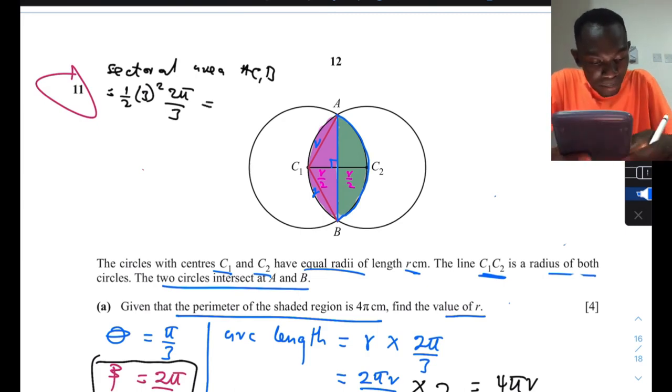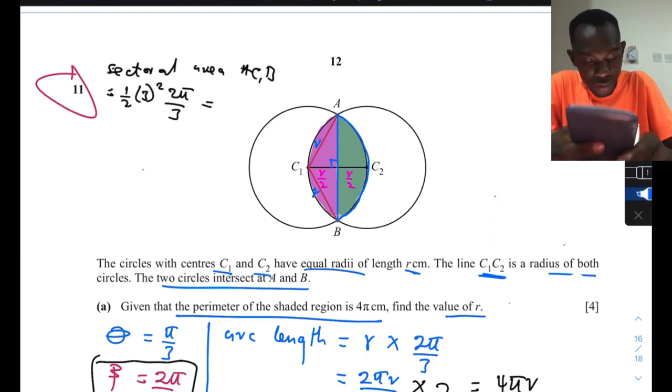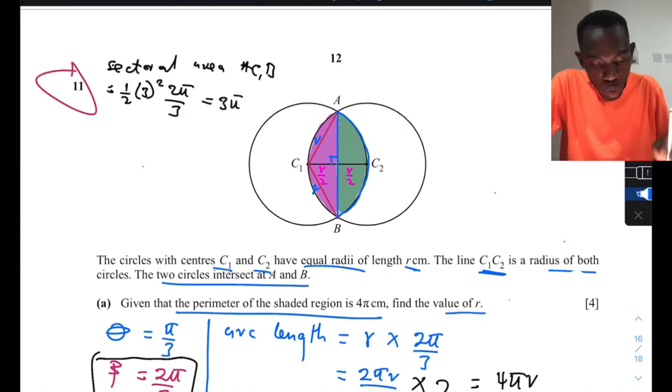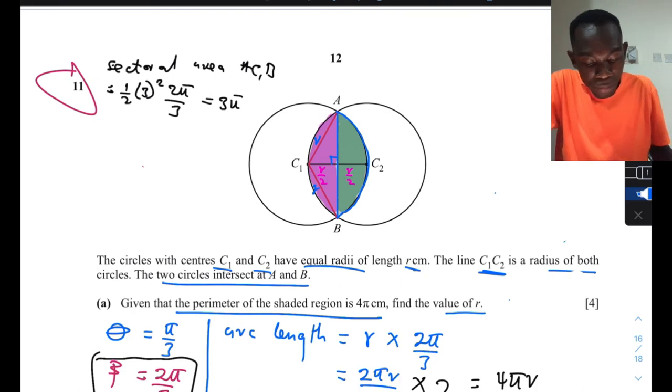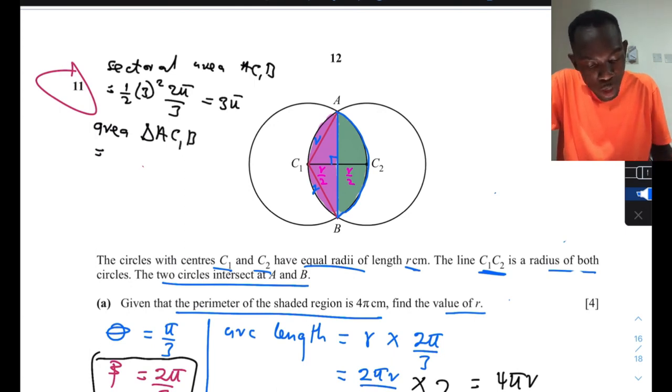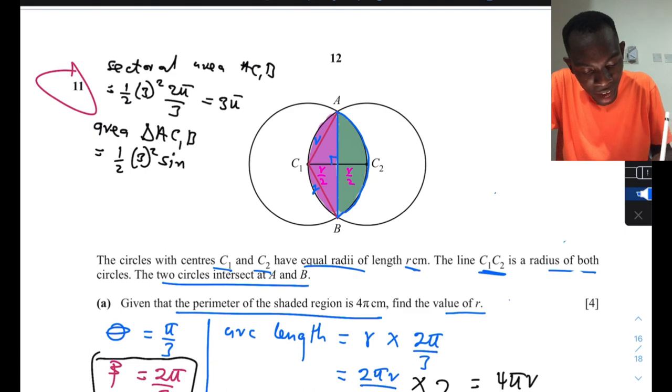Great. So what do we get? That will be 0.5 times 9 times 2 pi on 3. So that gives us 3 pi. Hold on. Then we can find the area of the triangle AC1B. That would be equal to half times 3 squared times sine of the angle, and the angle is 2 pi on 3.